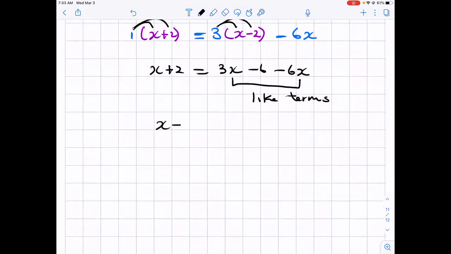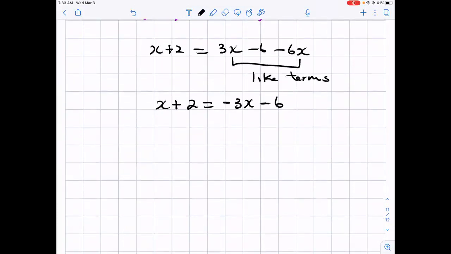So that leaves me with x plus 2 is equal to minus 3x minus 6. Okay. I always like moving the smaller x first, so I'm going to add 3x on both sides. I'm going to add 3x, and that leaves me with 4x plus 2. This cancels with this, minus 6.